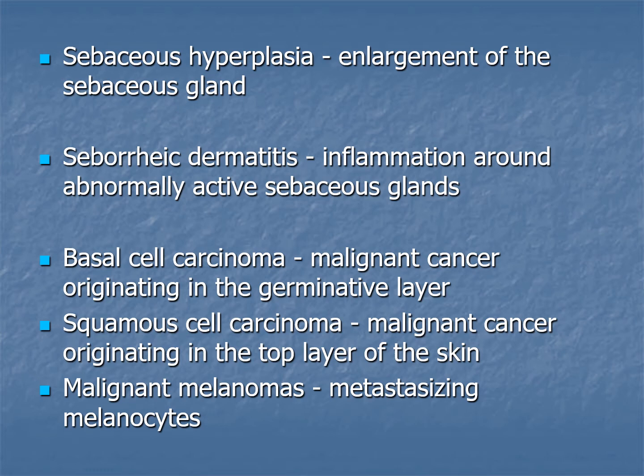The abnormality of the basal layer's malignancy leads to basal cell carcinoma. Abnormal proliferation of keratinocytes leads to squamous cell carcinoma, and melanocyte malignancy is called malignant melanoma.